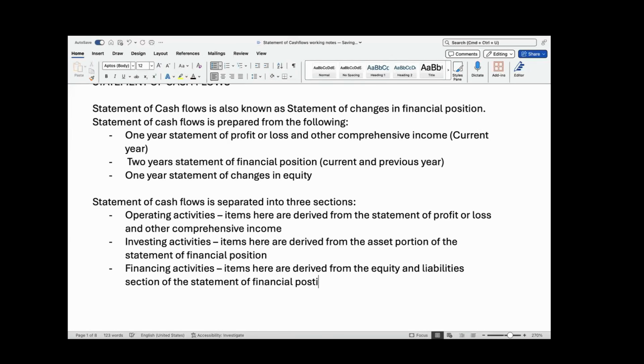There is no way you can have a balanced statement of cash flows if you don't touch all the items in the statement of profit or loss and in the statement of financial position.